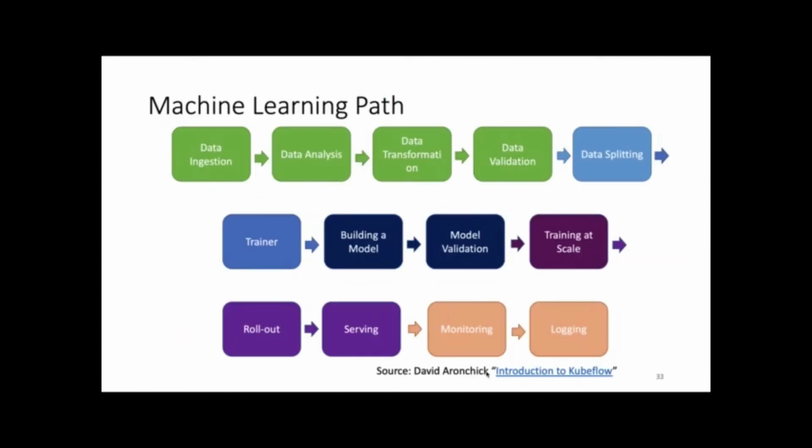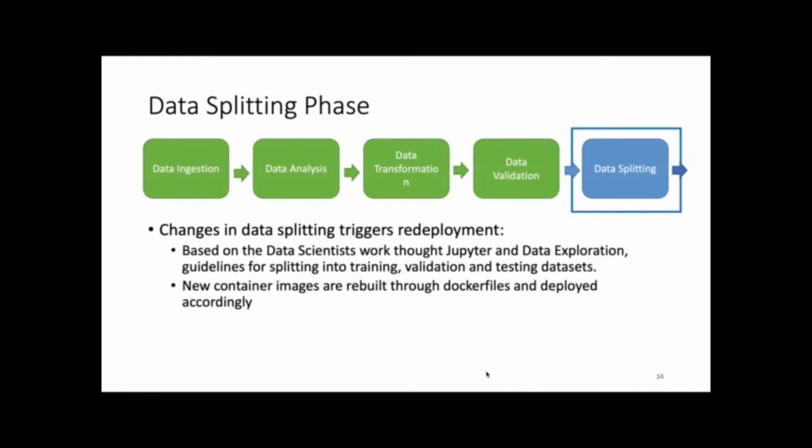When we move to the data splitting, this is where it fits in the machine learning path, which is extremely important before you start training your model, so that you will do this multiple times until you reach the converged or the consistent model that meets the desired workflow as well as expectation needs.